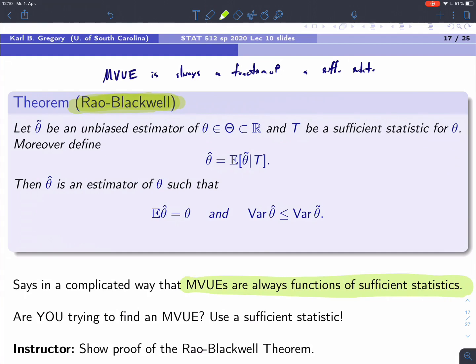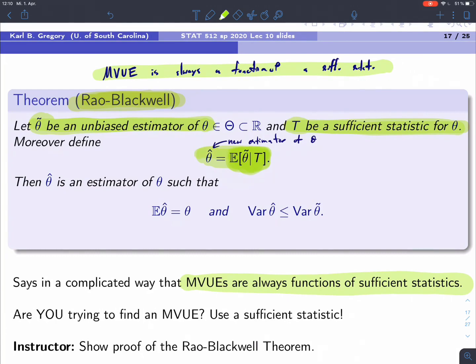And so the Rao-Blackwell theorem says this in a very complicated way. It first introduces some unbiased estimator called theta tilde, and it introduces a sufficient statistic for theta. So we have these two things, some unbiased estimator and a sufficient statistic for theta. Then it says, define a new estimator theta hat, which is based on taking the expected value of theta tilde conditional on the value of the sufficient statistic.